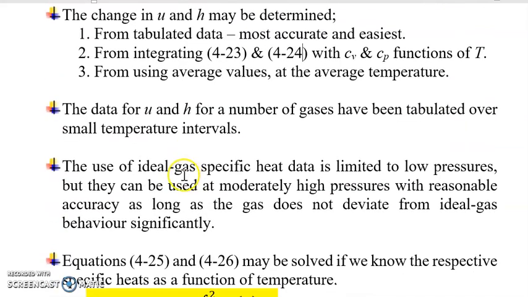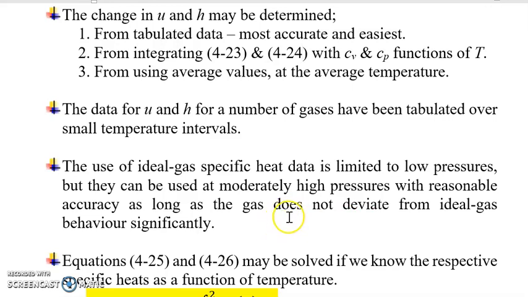For the first approach, you may get data for a number of gases that has been tabulated over small temperature intervals. The use of ideal gas specific data is limited to low pressures, but it can be used at moderately high pressures with reasonable accuracy, as long as the gas does not deviate from ideal gas behavior significantly.